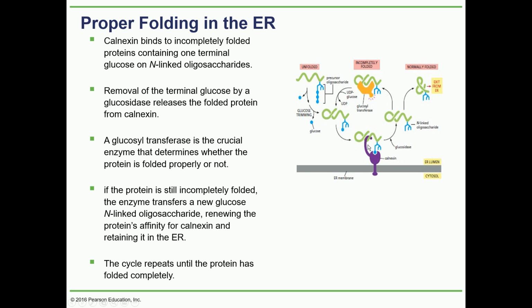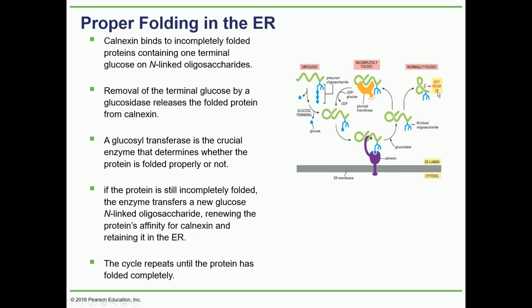It's a signal that this protein is not completely folded. So calnexin is going to bind this incompletely folded protein, and then with the help of another enzyme called glucosidase, this glucose will be removed and the protein will be properly folded, and then it can exit from the ER.